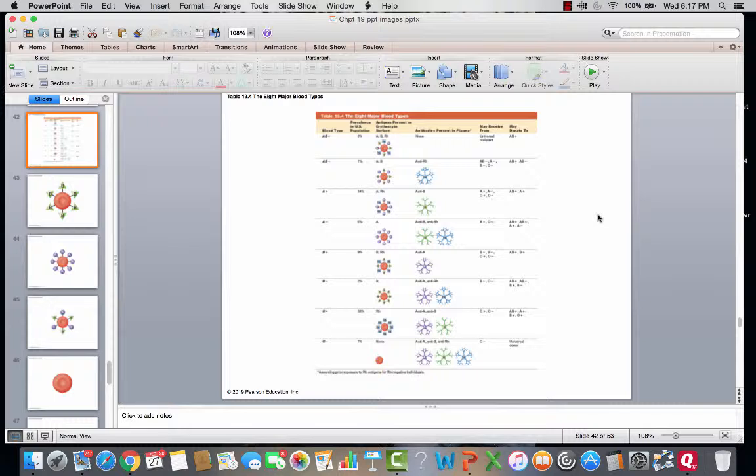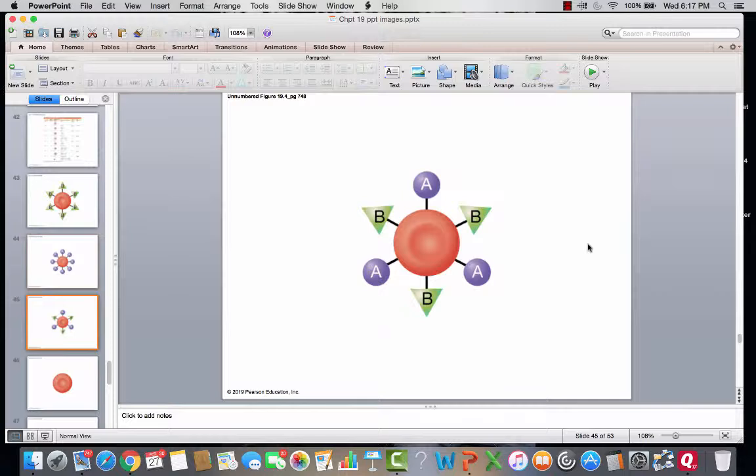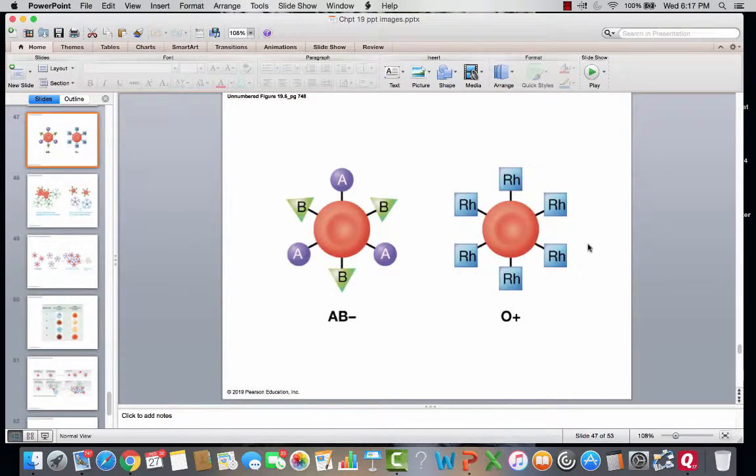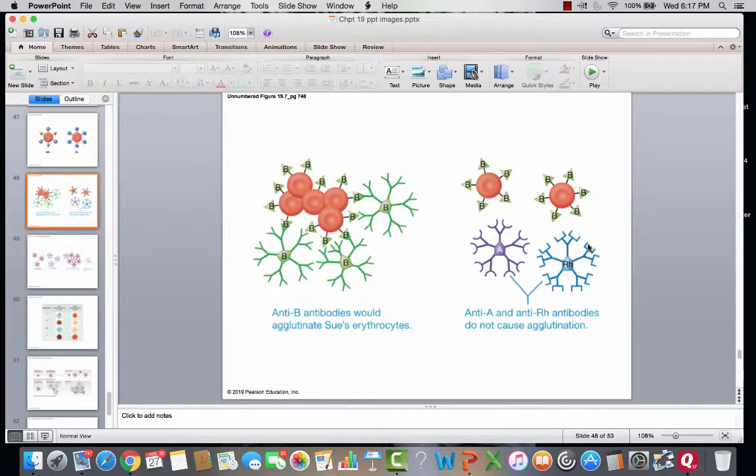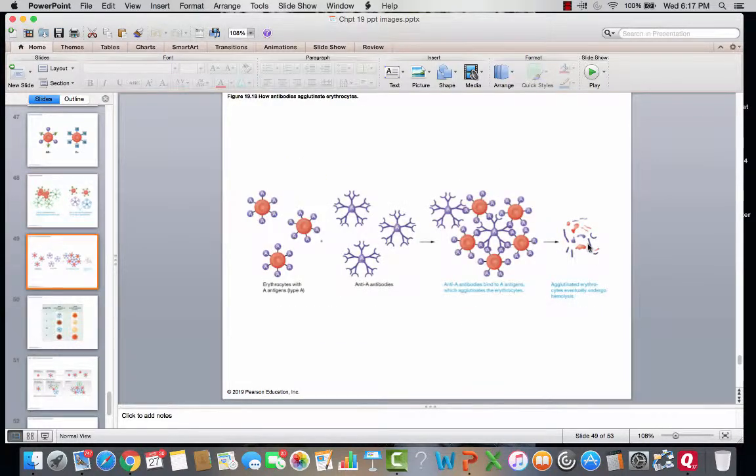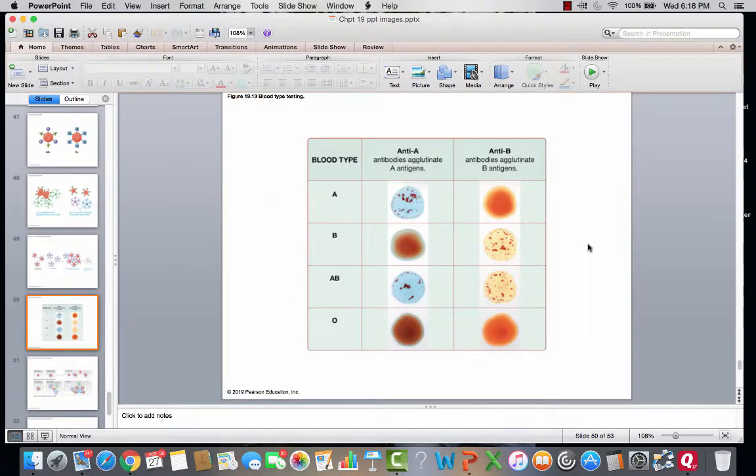So look this over. If there are any questions, please feel free to ask. And that is the end of chapter 19. Know the parts of blood, plasma, white blood cells, erythrocytes, and know the function of each of them.